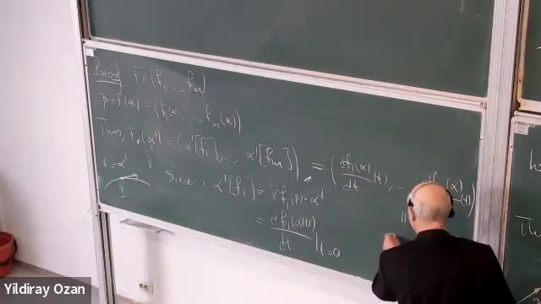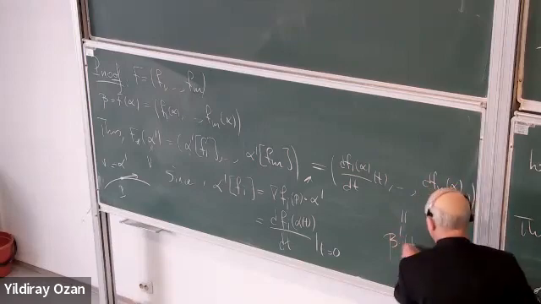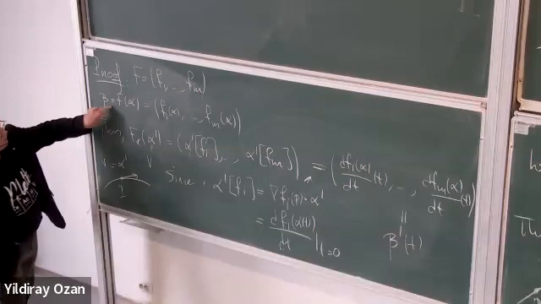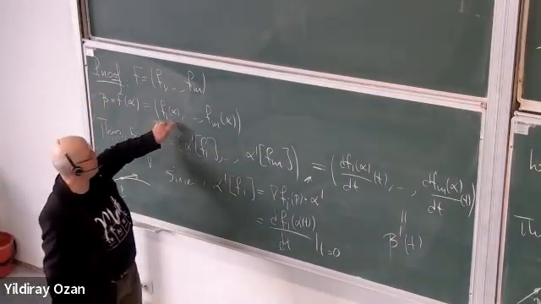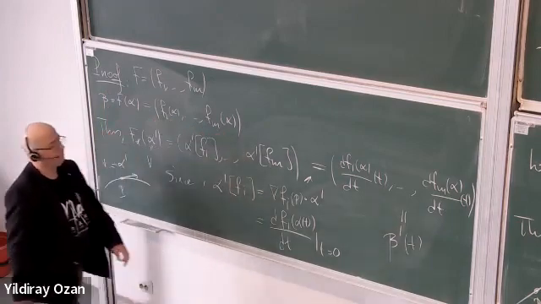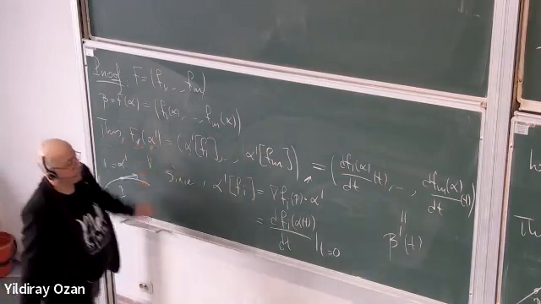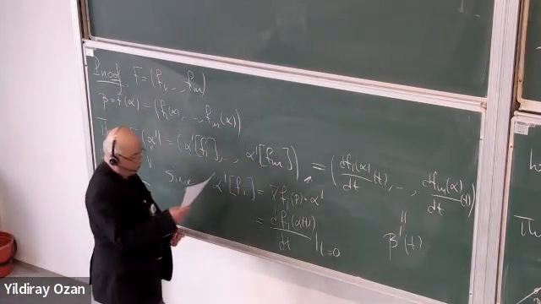This is just beta prime t, because beta is this expression, right? What is the derivative of this? You just take the derivative of these components with respect to t. Therefore, f star alpha prime is just beta prime.